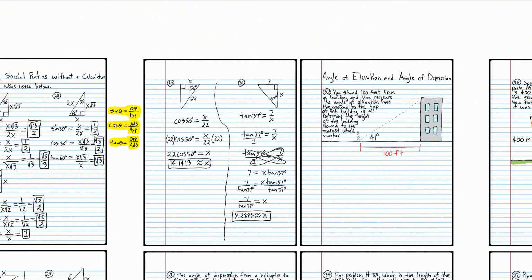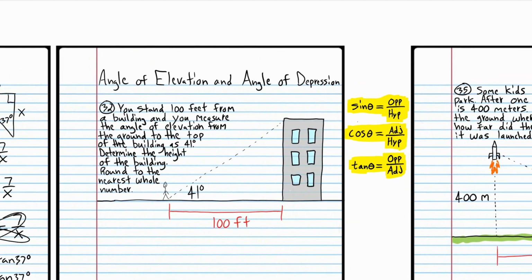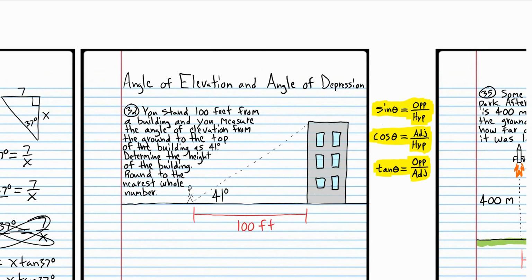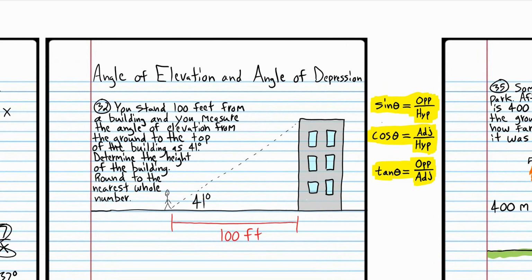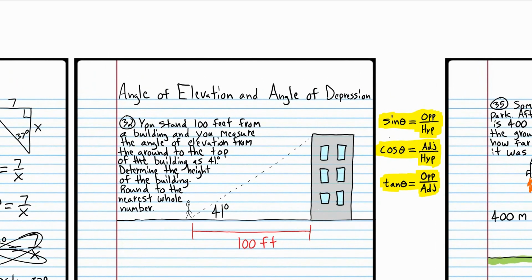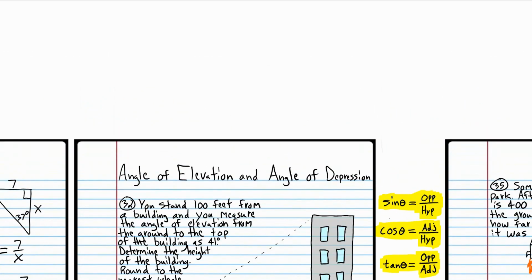All right, so we're getting more into the actual applications of how these functions are used. You're really going to have a better idea of how this is used in these next problems. We're going to learn an application that's called angle of elevation, and also we're going to learn angle of depression.